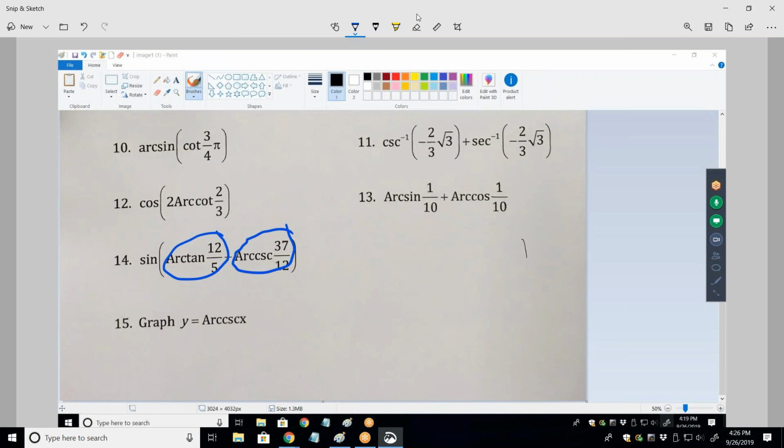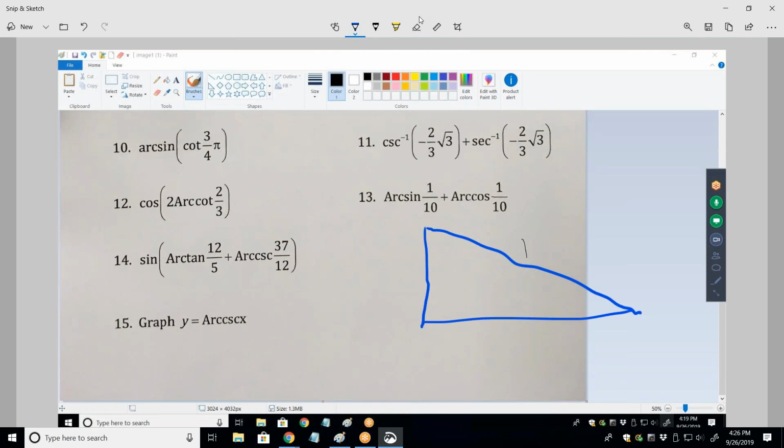But I think we can do 14 the same way we did 12. Let's see if we can, because that's a better way to do it, if you don't have to find that angle. In other words, we did 12 without finding out what the 2 theta was equal to.